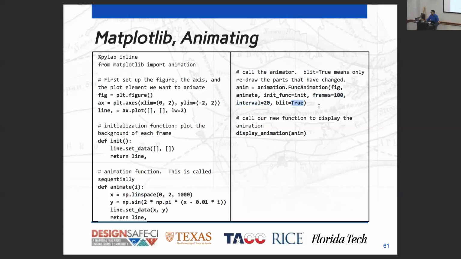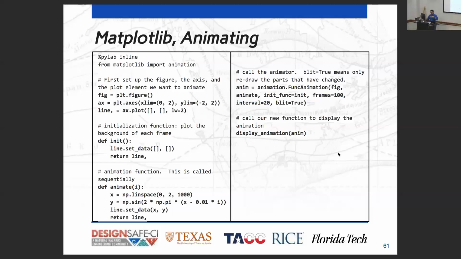And all this essentially says is, just redraw the parts that change. Then I'm going to call this thing called display animation, and send the FuncAnimation that's being created here to display animation. Remember, this is going to be a little different, especially for those of you who have played with this before, because we're doing this inside of a Jupyter Notebook. So we actually have to talk with essentially a movie writer and talk with what's going on.